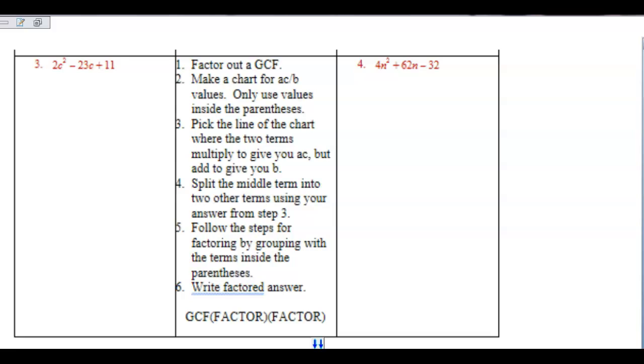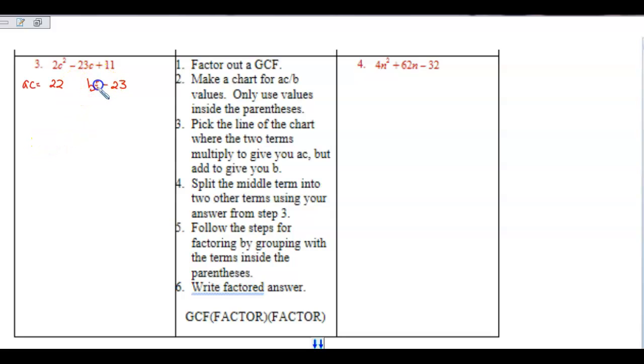If you look at practice example number 3, 2c squared minus 23c plus 11, do I have a greatest common factor of anything other than 1? No, our greatest common factor is 1. So in this case, my AC is going to be 22, and my B is going to be negative 23.